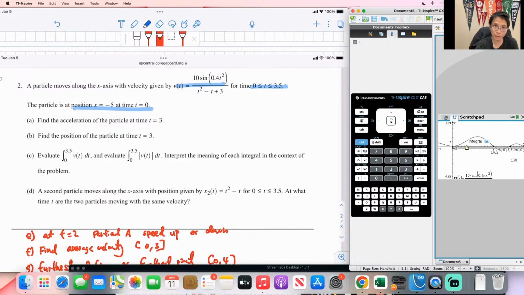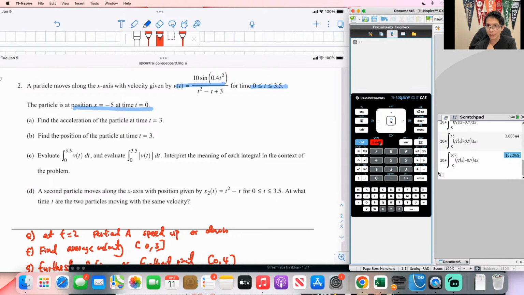So find the acceleration at t equal to 3. Well, this is a velocity graph, right? How do I find the acceleration? Take a derivative. So this one is F3. So what I'm going to do is go to tab. I'm going to take a derivative, which is shift, I think shift minus or control minus. Is it shift minus?